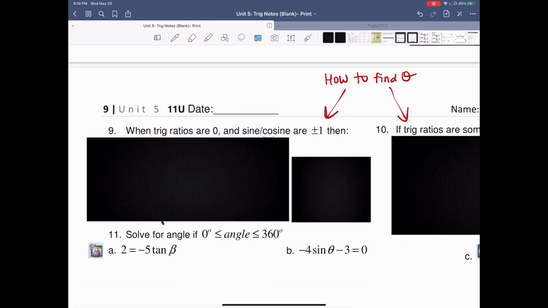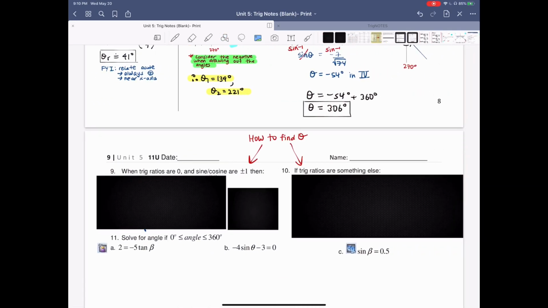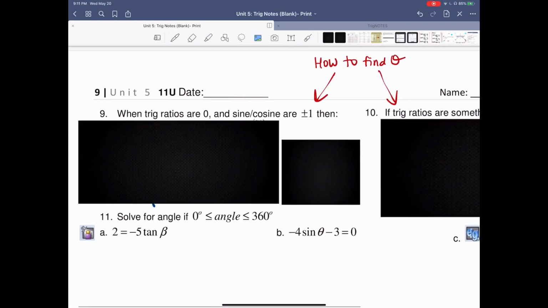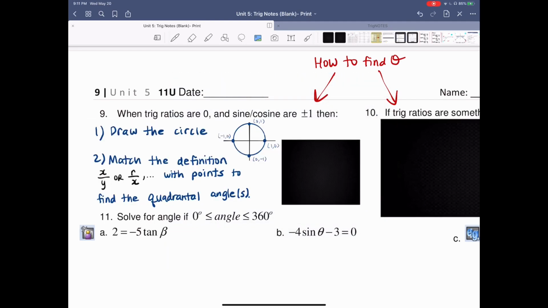So for number 9 and 10, let's try to summarize what we found so far. For number 9, when trig ratios are 0 and sine or cosine are plus or minus 1, then you're going to draw the circle and use the coordinates that are on the x or y axis. So you're going to match the definition, so x over r or y over r, whatever you're working with, points to find the quadrantal angle.